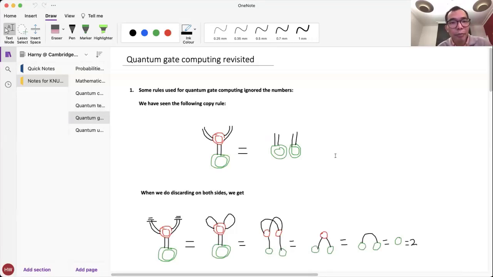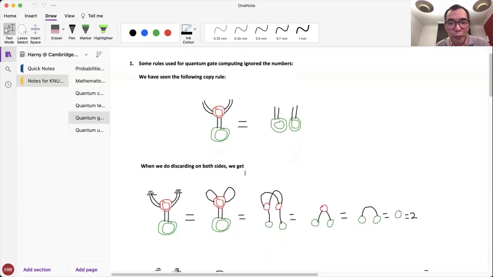Okay, let's revisit the quantum gate computing, right? As we know, the quantum gate computing in this calculus, in diagrams, is about how to use the diagrammatic equality to do rewriting, to change the diagram, and then we get the final simplification.